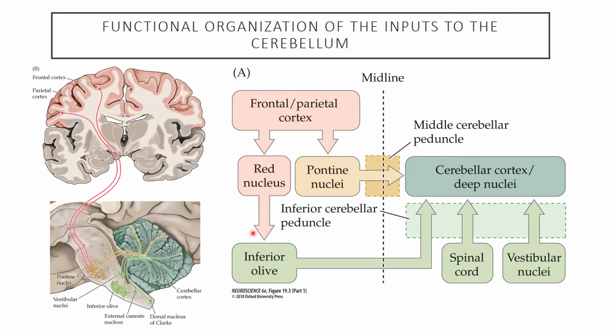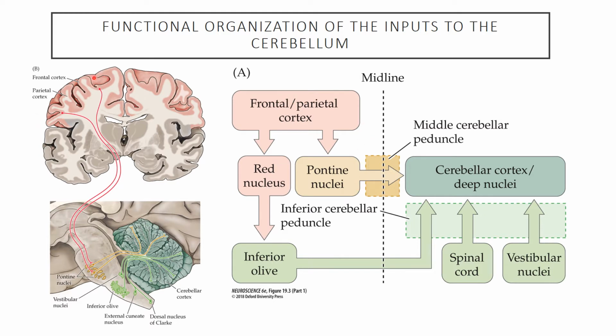So there's a number of routes that brain areas take to send input into the cerebellum. It receives inputs from frontal and parietal cortex via the pontine nuclei.